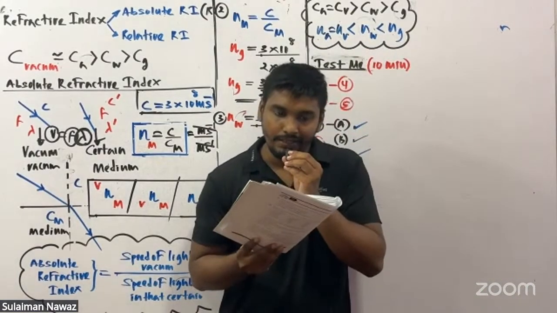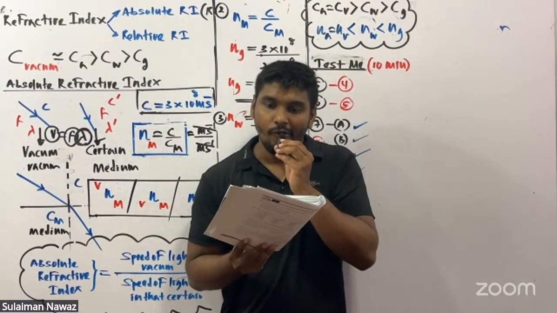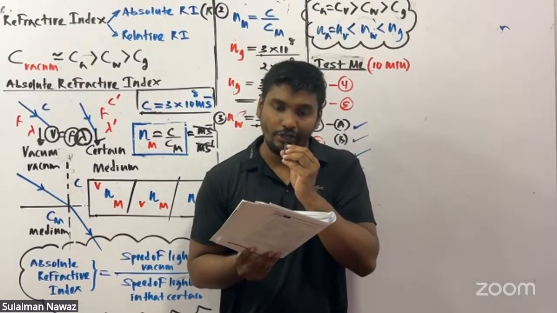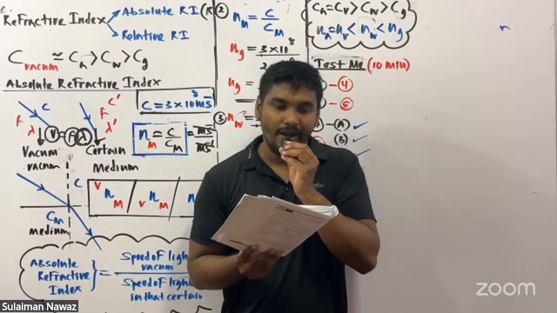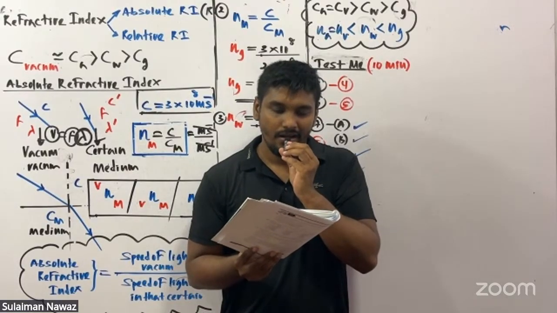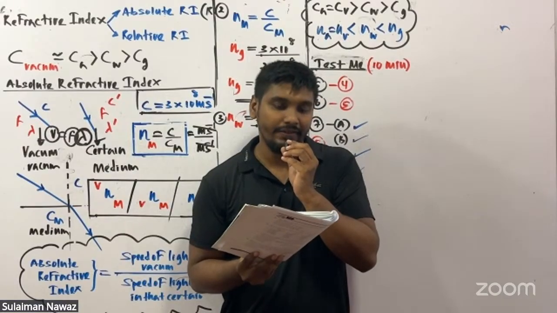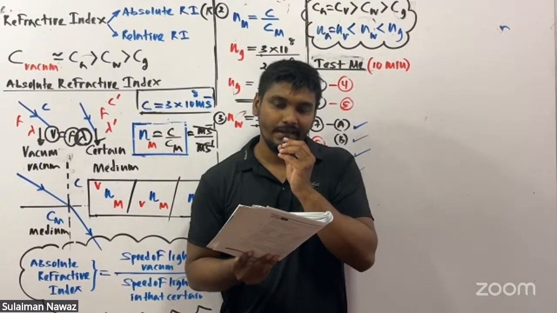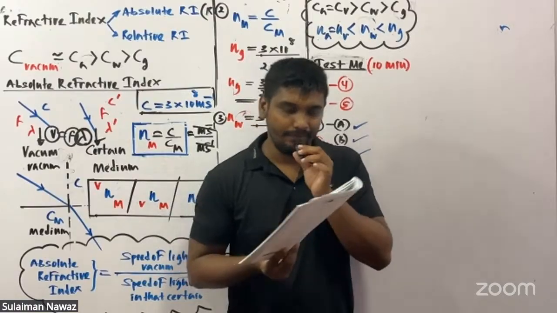The first point: the refractive index is a measure of how much light bends when it passes from one medium to another. It should be the relative refractive index. Write down: the relative refractive index is a measure of how much light bends, refracts, when it passes from one medium to another.